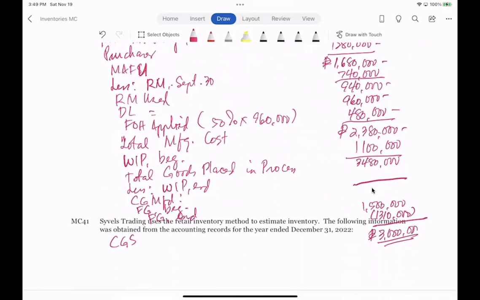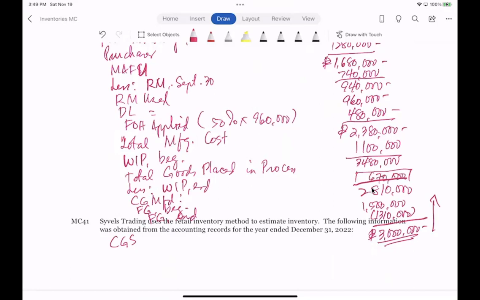Therefore, we work back from 3 million. Add back 1,310,000 and deduct 1,500,000. Therefore, cost of goods manufactured must be 2,810,000. So what amount was deducted from 3,480,000 to arrive at 2,810,000? Therefore, it's 670,000.